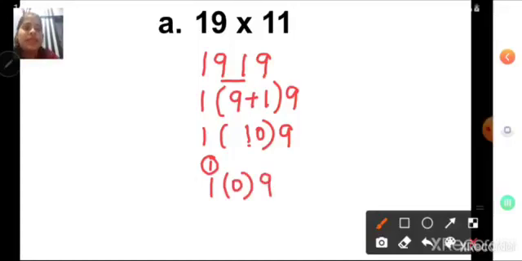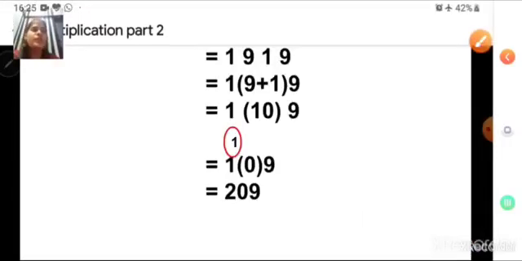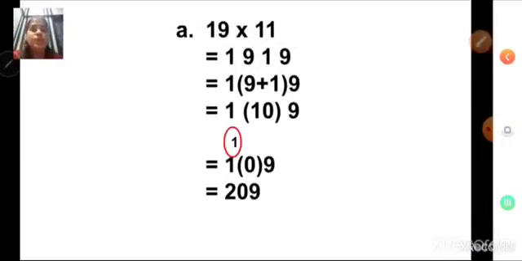Then 1 plus 1 we have to add. It is 2. Then 0 and then 9. So this is our final answer. 19 multiplied by 11 is equal to 209. Okay children. Now note it down in your notebook.